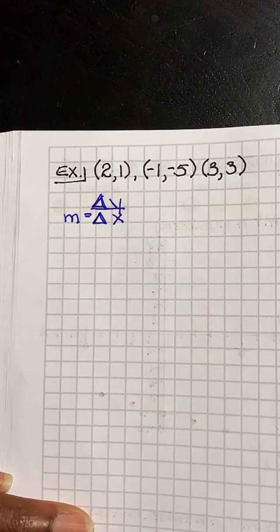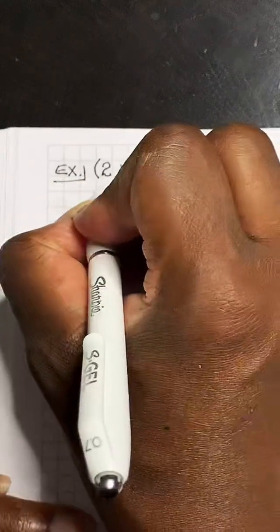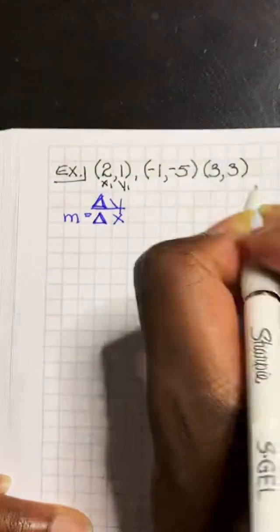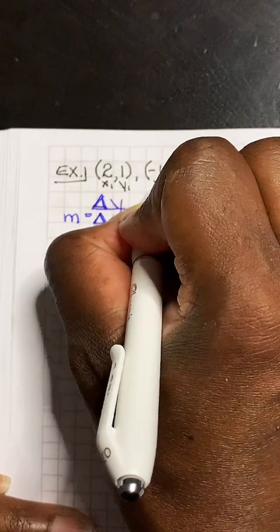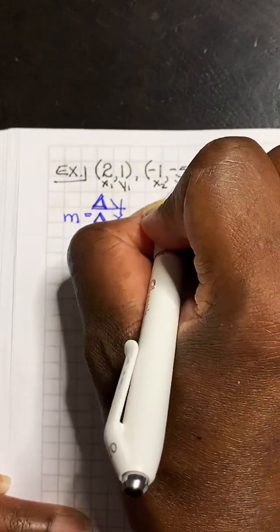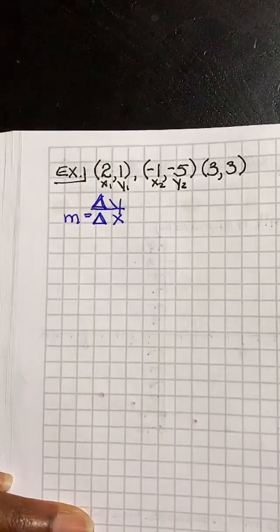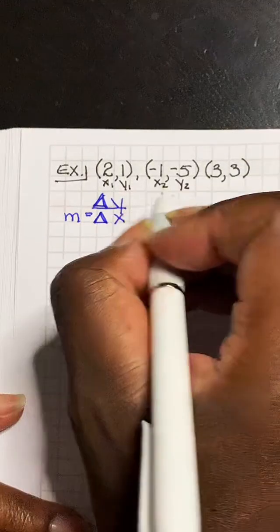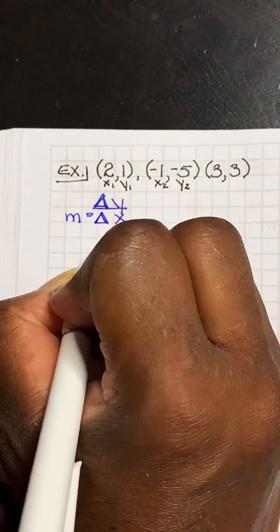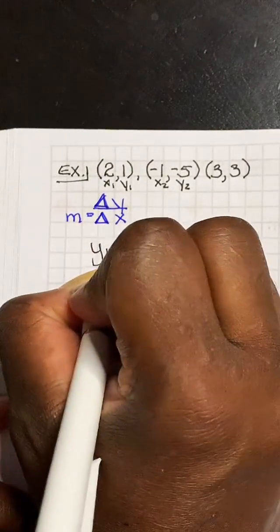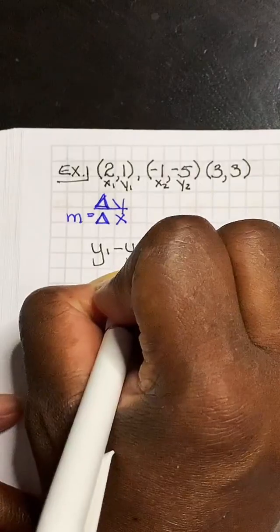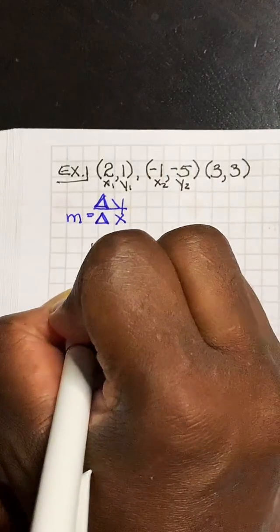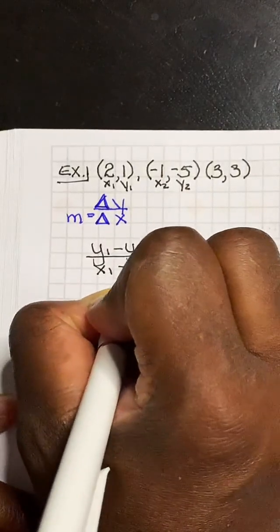So if you want, we can say, all right, this will be my x1, this will be my y1. And we can say, all right, this will be my x2, and this will be my y2. You can pick 2 points. So if we want to go one route, I'm going to go for the y1 minus the y2 over my x sub 1 minus my x sub 2.